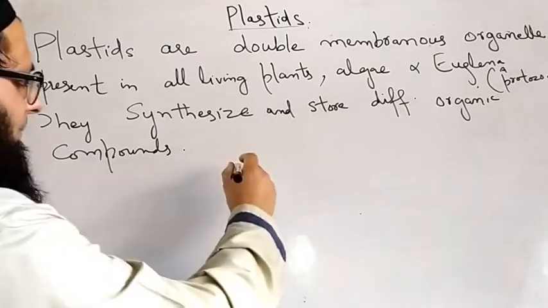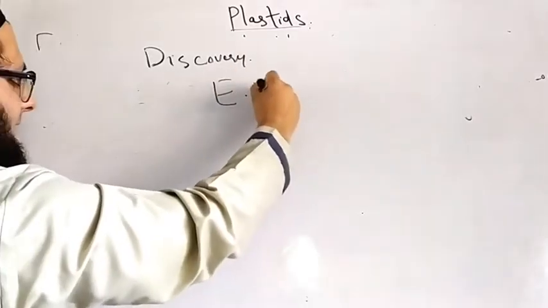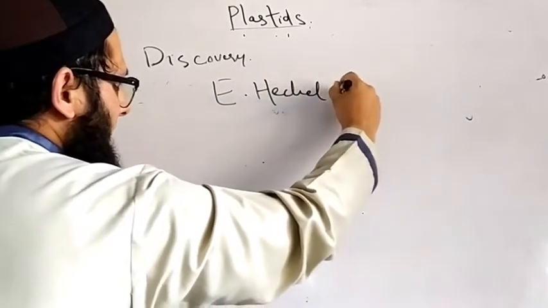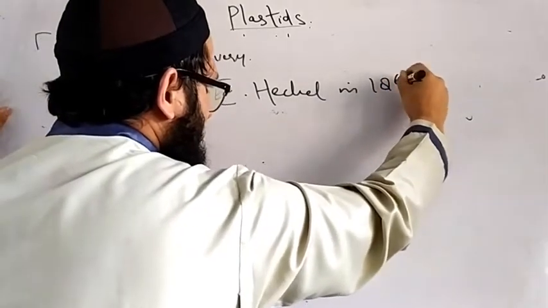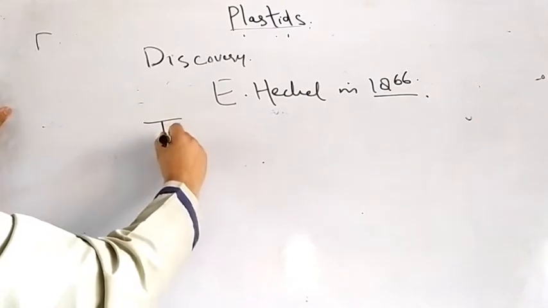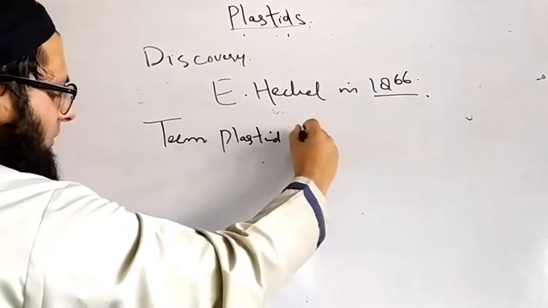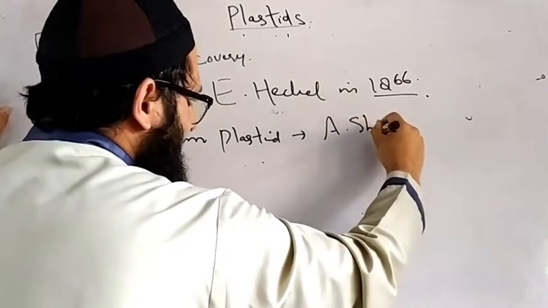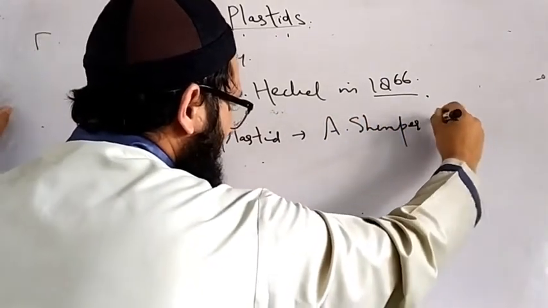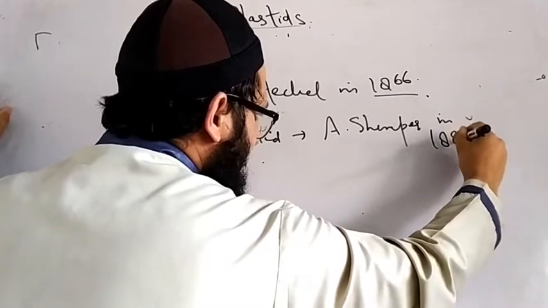So who discovered them? Ernest Haeckel discovered them in 1866. But the term plastid was given by A. Schimper in 1885.